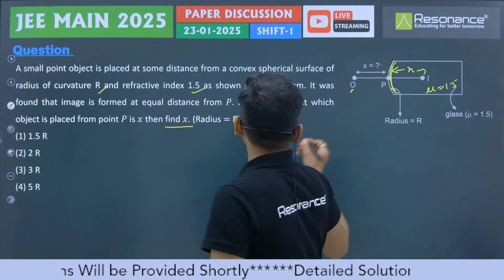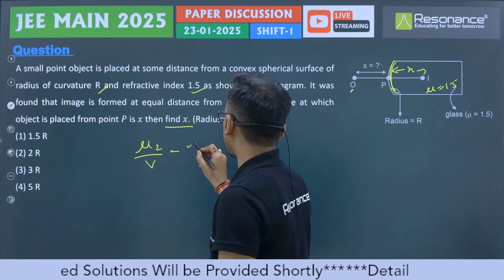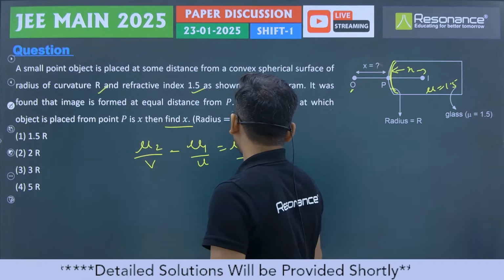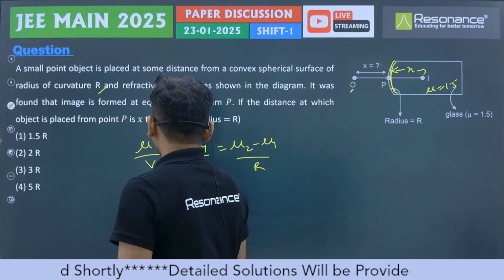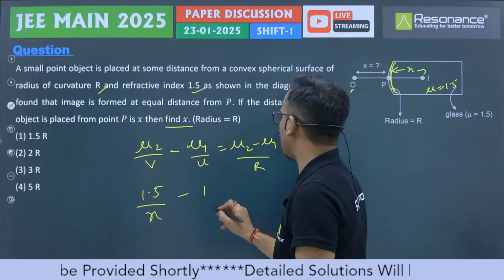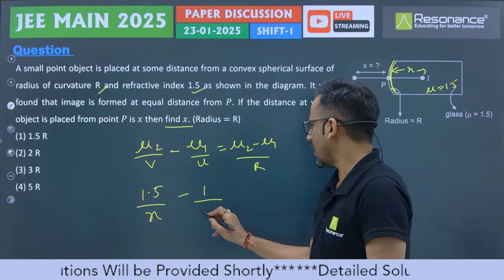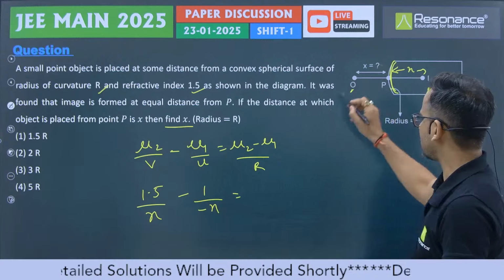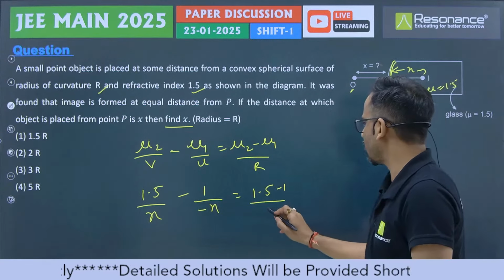We know for any curved surface, the formula is mu2 upon v minus mu1 upon u is equal to mu2 minus mu1 upon r. So mu2 is 1.5, v is x, minus mu1 is 1 because the object is kept in the air, and u is minus x with sign convention, equal to mu2 minus mu1, 1.5 minus 1 upon r, that will be positive.